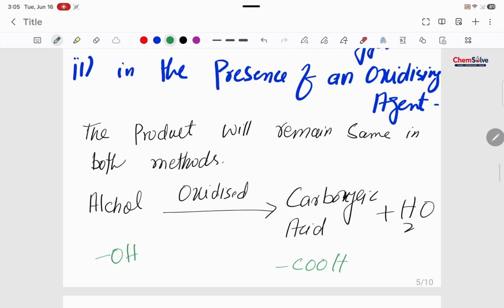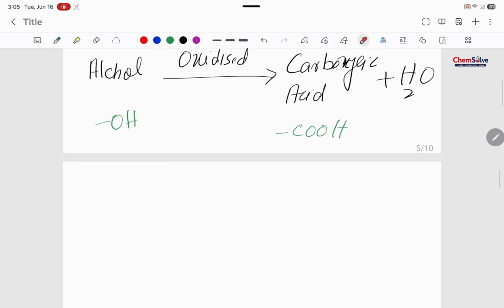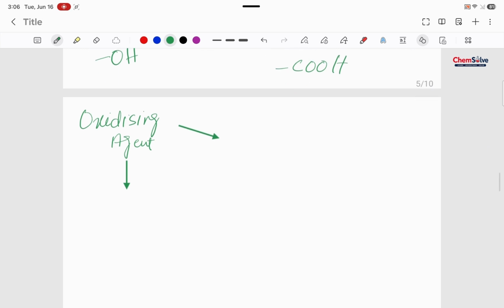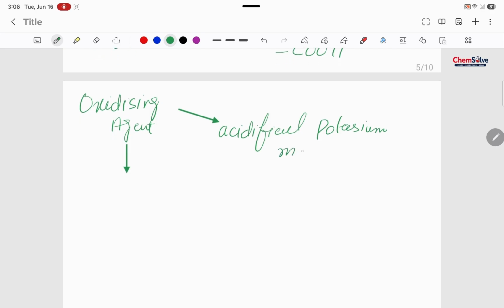Okay, and here I used the word oxidizing agent, so we use basically two oxidizing agents in O level and IGCSE chemistry, and they are acidified potassium manganate(VII).